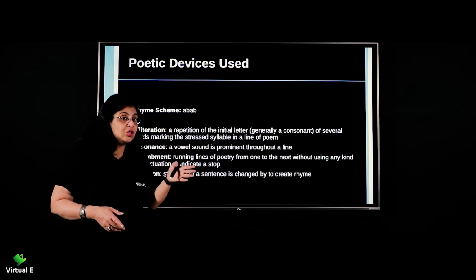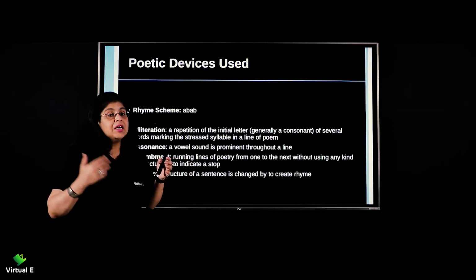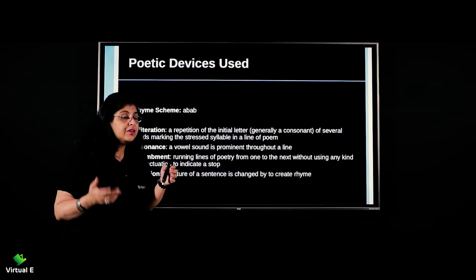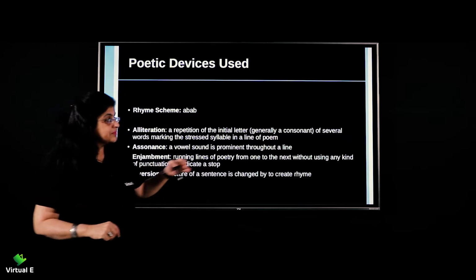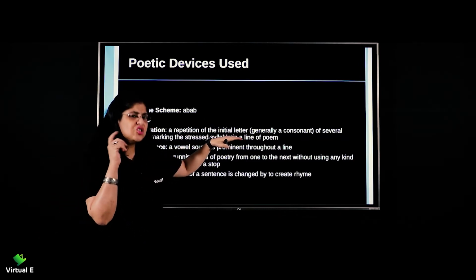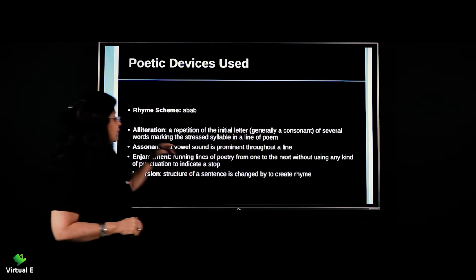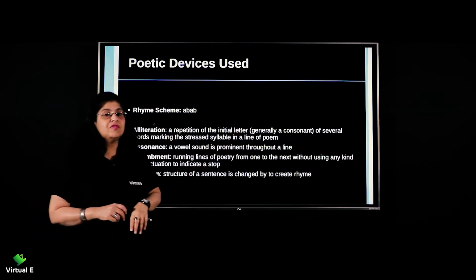It comes as a consonant if you say house or hut, and it becomes a vowel if you say honor, we don't say the H. So yes, silent H. Now, alliteration is the repetition of the initial letter, which is generally a consonant, of several words marking the stressed syllable in a line of a poem.